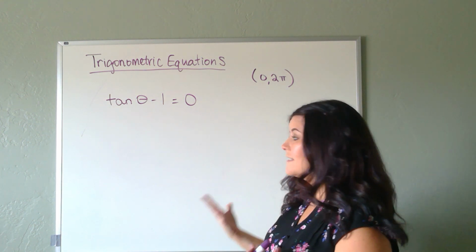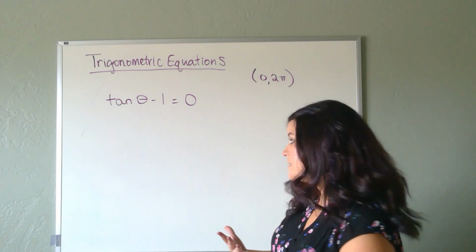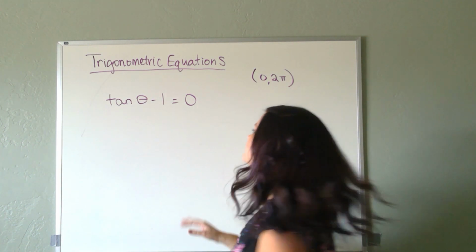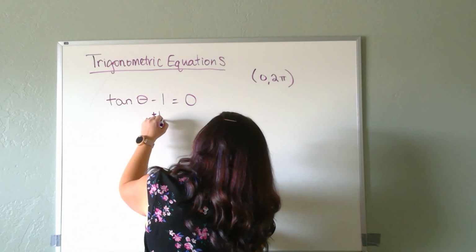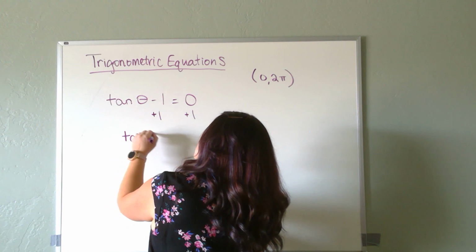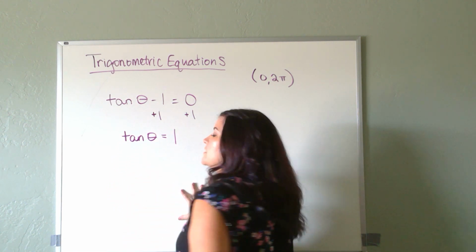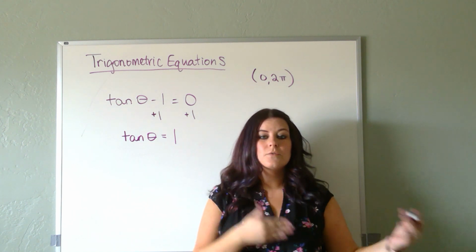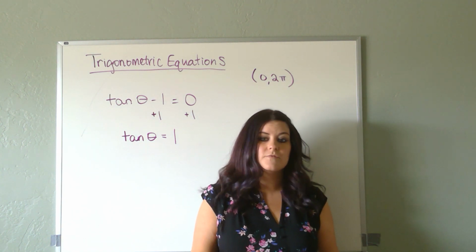Okay, so I can see, again, I'm going to solve by adding 1 on both sides to isolate the tangent. So I get tangent theta equals 1. You guys, once your trig function is isolated, that's where you go to the unit circle and find your answers for theta.